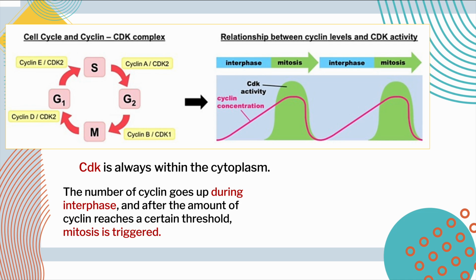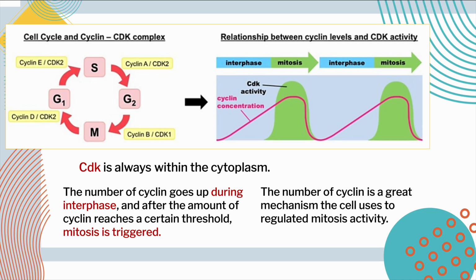CDK, or the cyclin, for the information of everyone, is like a key in turning on and off some of the enzymes, proteins, or gene factors involved, so it can trigger mitosis. The amount of cyclin is a great mechanism the cell uses to regulate mitosis activity.